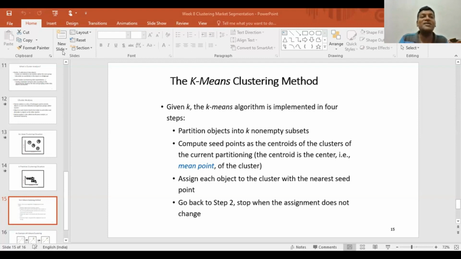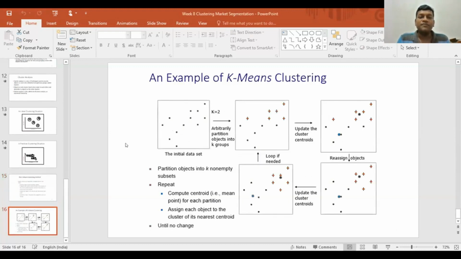Essentially, it looks more complicated when I explain it this way, but I'll try to help you with an example. Okay. So initially, if you look at the first square here, this is your data.